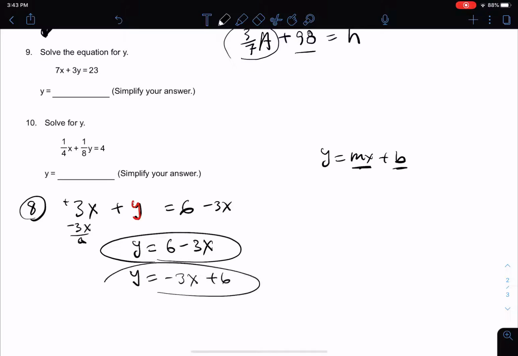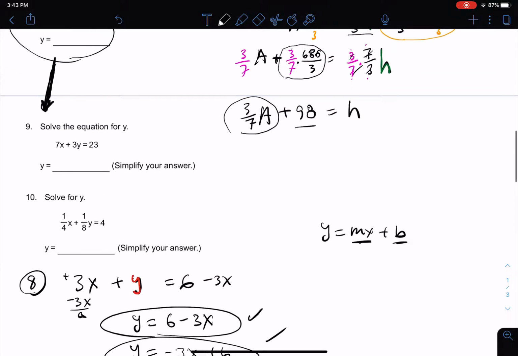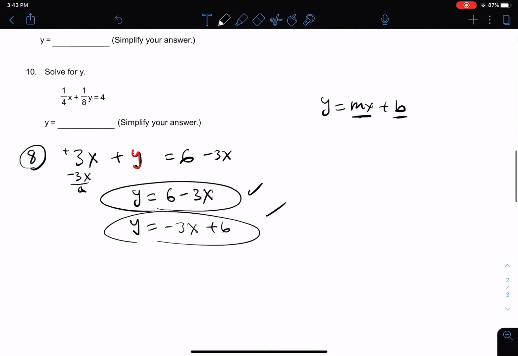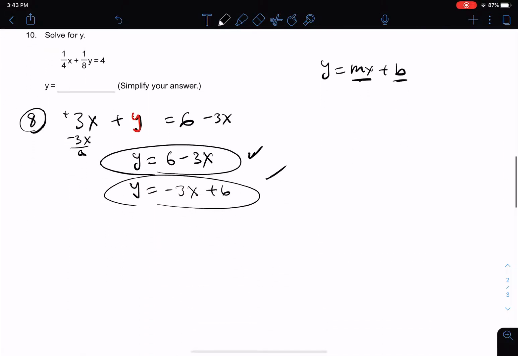But they both mathematically mean the same thing. And at this step, you can put it in either way. Okay, so that would be y equals negative 3x plus 6. Or the other way, 6 minus 3x.